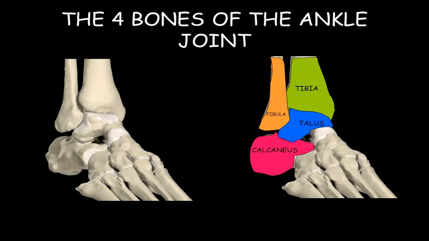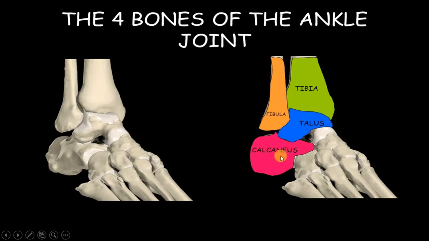Now, the ankle joint. First of all, to understand the ankle joint, we have to see between which bones this joint is actually forming. Here we are seeing the bones which take part in the ankle joint. Here is the lower end of the tibia and fibula, and here is a bone named the talus.